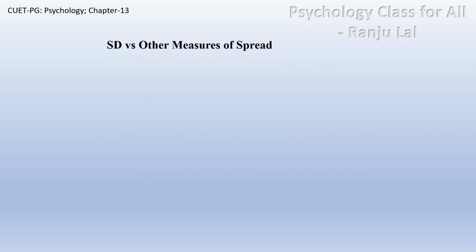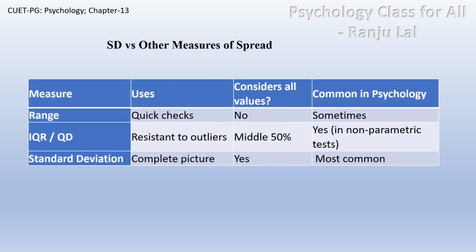Now about comparison of SD with other measures of spread, starting from range or QD. Range is for quick access, and range never considers all the values.